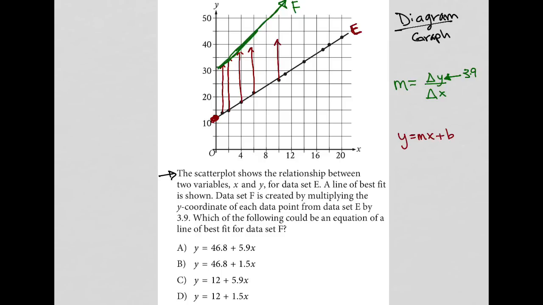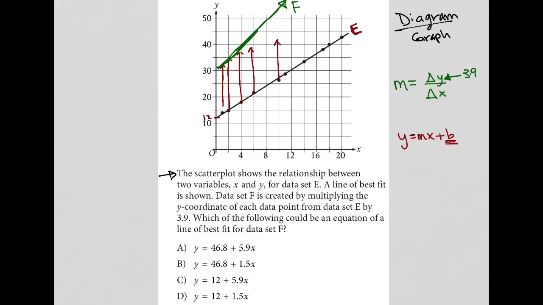And for me, it's going to be easier to visually spot where my b should be now versus where it is now. So right now, it looks like it's at around 12. And if I were to multiply by 3.9, then it should be, 12 times 4 is 48. So 12 times 3.9 should be a little less than 48.